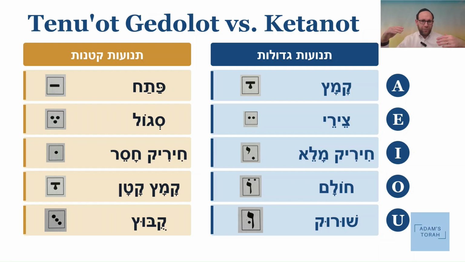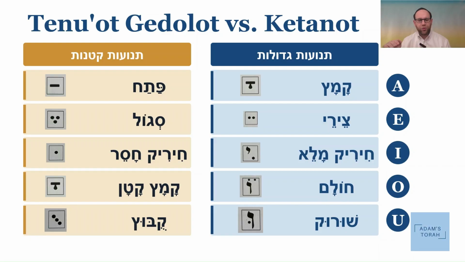So to recap this chart, moving from top to bottom, you have a Tenu'ah Gedolah in kamatz, patach Tenu'ah Ketanah. Sereh Tenu'ah Gedolah, segol Tenu'ah Ketanah. Chirik maleh is a Tenu'ah Gedolah. That's the dot with the yud following it. Chirik chaser is Tenu'ah Ketanah. That's just the dot with no yud following it. Cholam, whether it's an o that has a vav or not, that cholam is a Tenu'ah Gedolah. Kamatz katan, which is a kamatz that makes an o sound, is a Tenu'ah Ketanah.